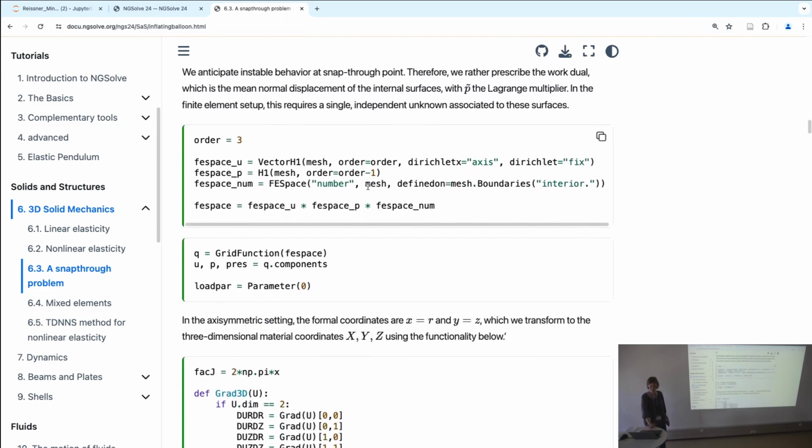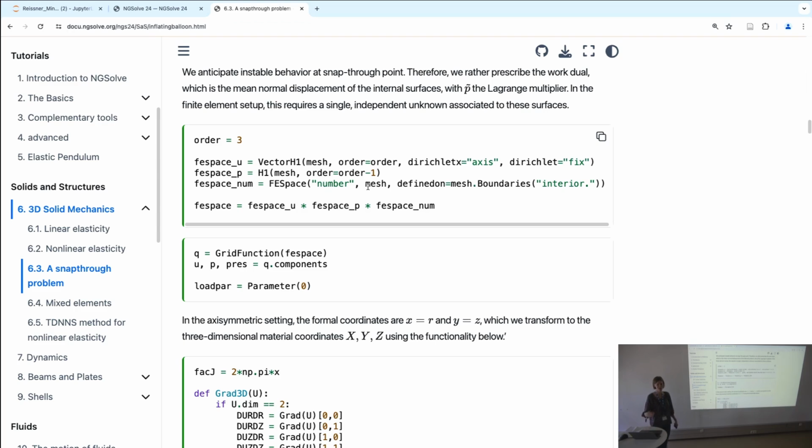Okay, and then there is another issue in this case. We want to go through this snap-through point as smoothly as possible. And if you go through snap-through, first you increase the pressure up to the critical point, and then the pressure will go down. You have the snap-through, and then it will grow again from a lower level.